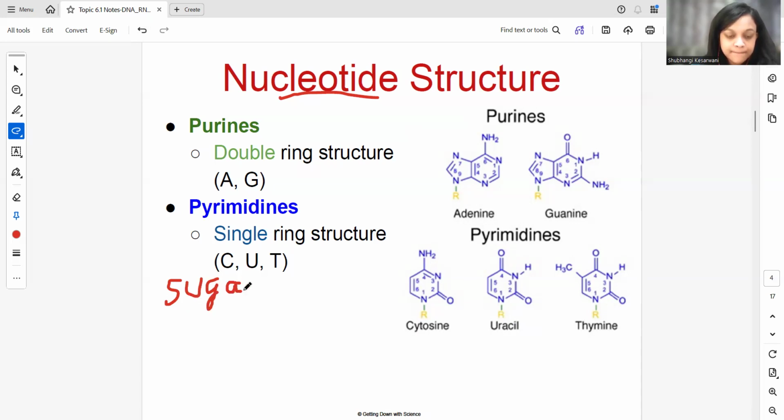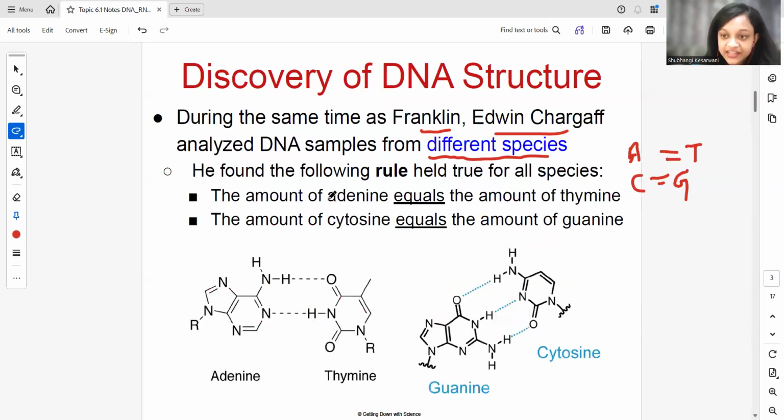phosphate, and base. Just now we have discussed ATGC.